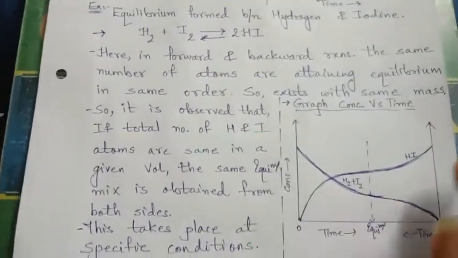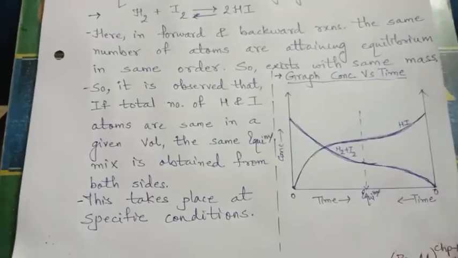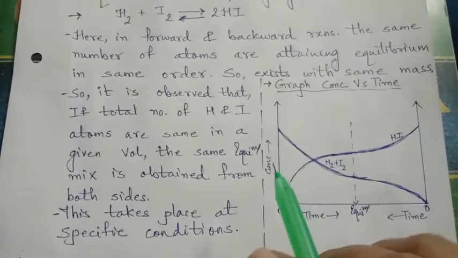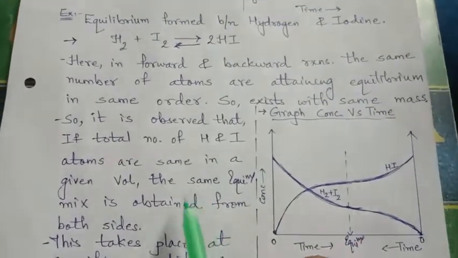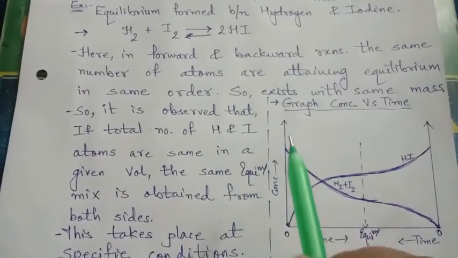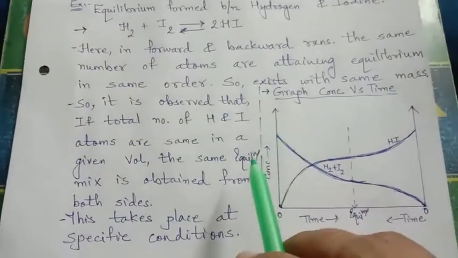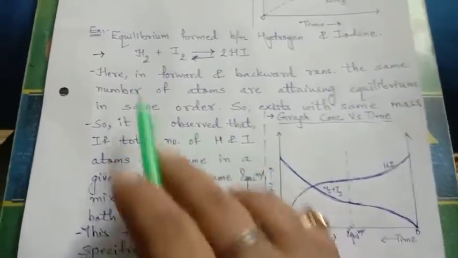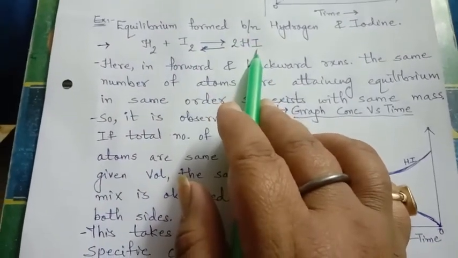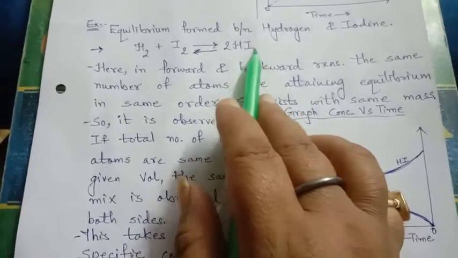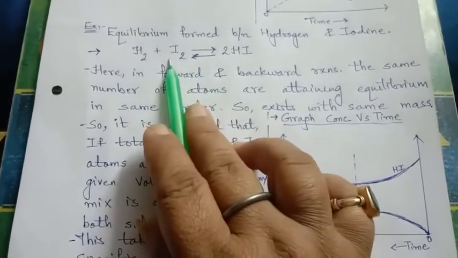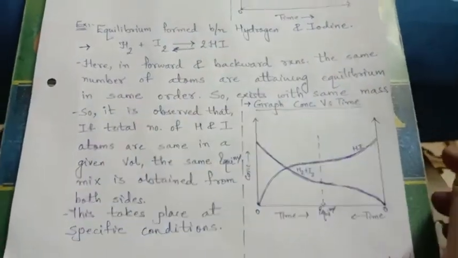So these two were the different experiments studied by Haber: when particular substances react and when their isotopic forms react, they show the dynamic nature of equilibrium. And when a particular element reacts with the same number of atoms and gives the same number of product, as well as the same product giving back the reactant, the number of atoms in both the forward and backward reaction remains the same, right?